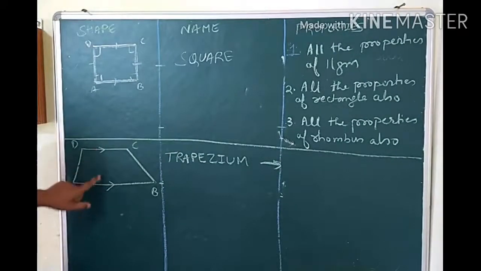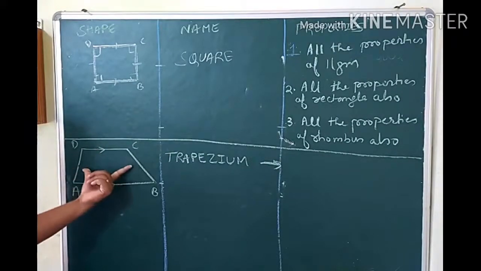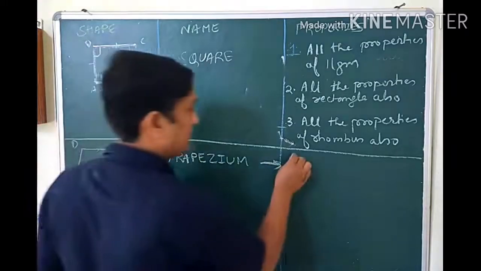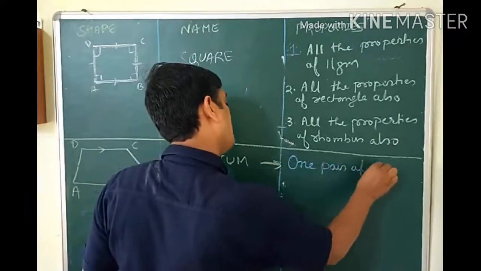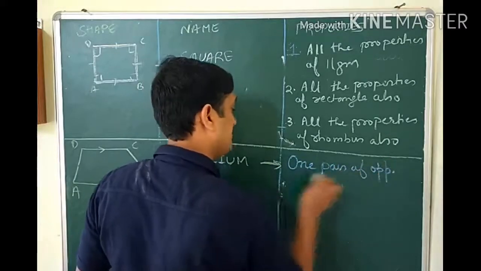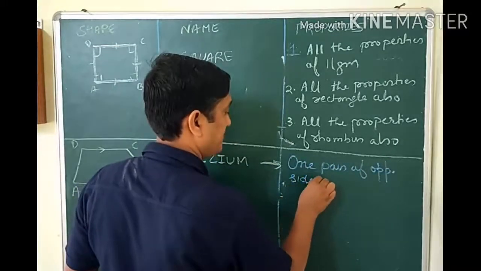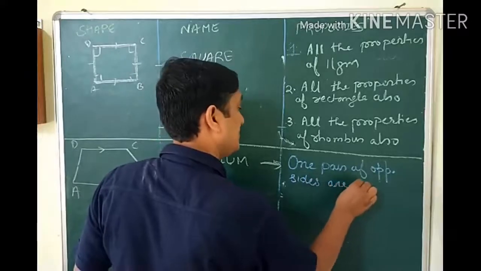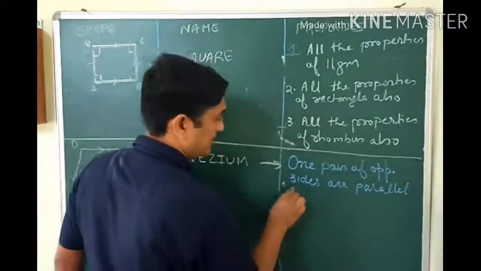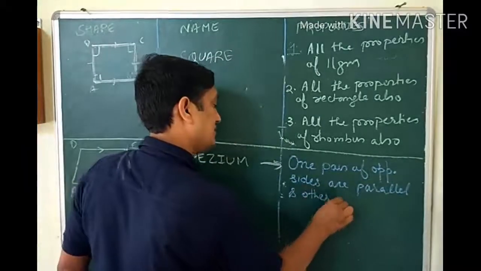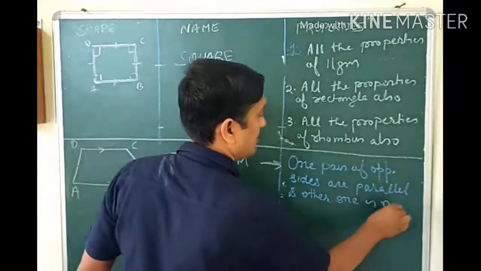In which one pair of opposite sides is parallel and the other pair is non-parallel.